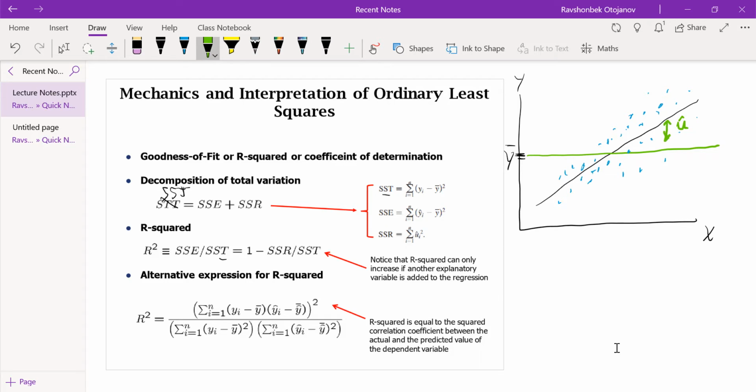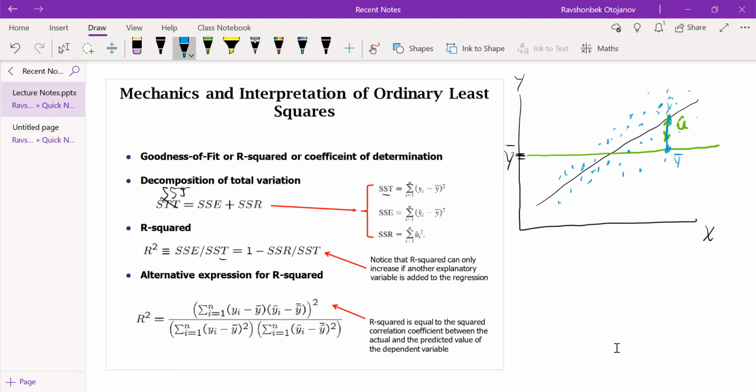It's the distance between the actual data and the point that is predicted for this data point. Then this distance here is the difference between the mean value and the fitted value. So you can think of this point, for example, as y bar, while this is y hat.